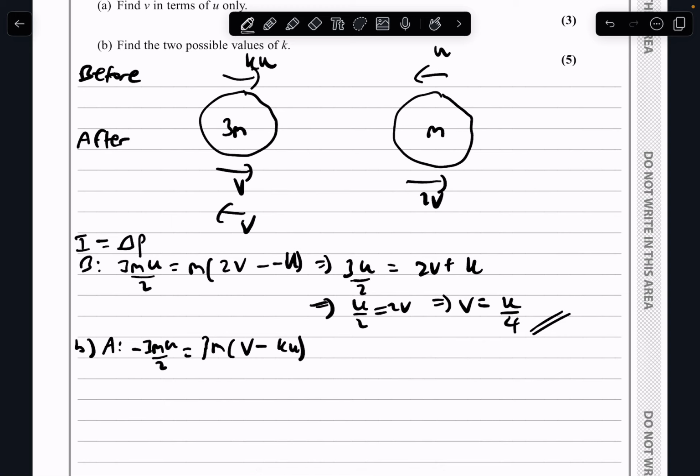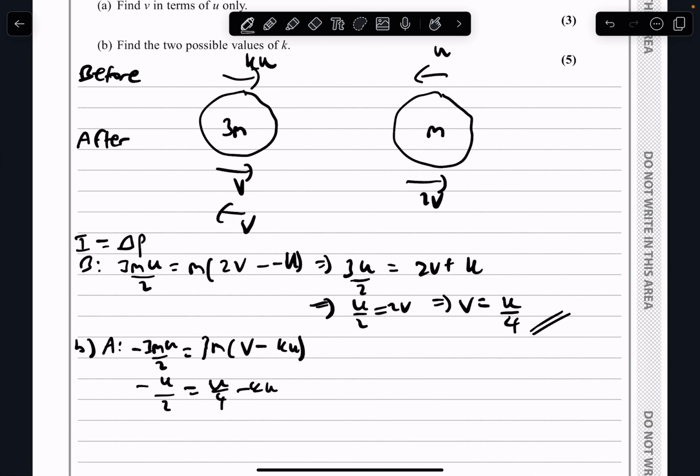And then if you want to simplify this down a little bit, minus 3u over 2 is 3. In fact, no, the 3's will go as well, won't they? So let's just get rid of that, because actually what we'll have here is a minus u over 2 being equal to v, which I know is u over 4 from the first bit, minus ku.